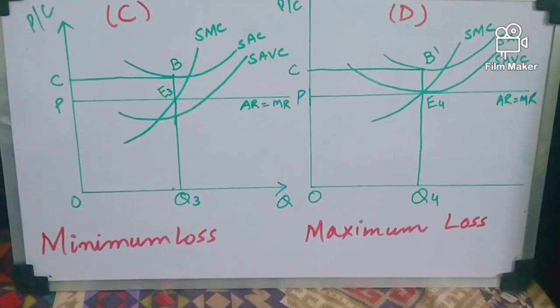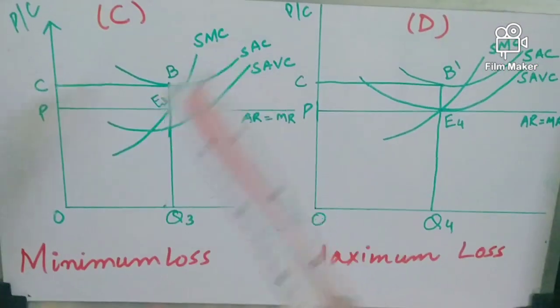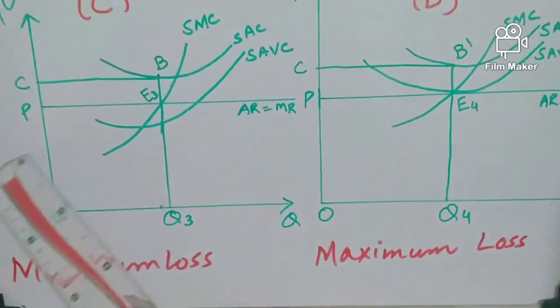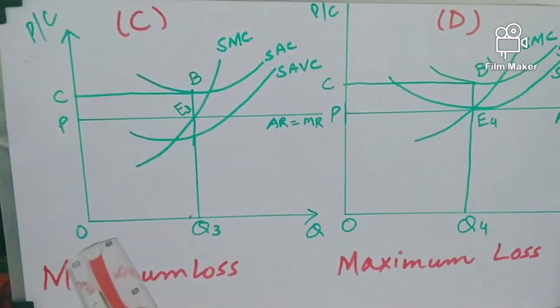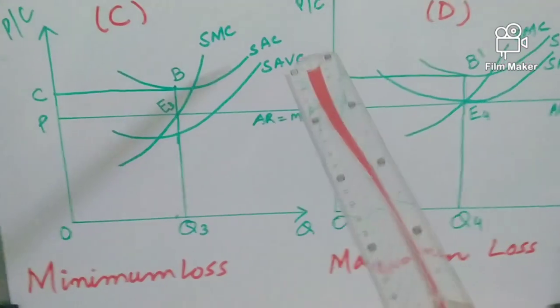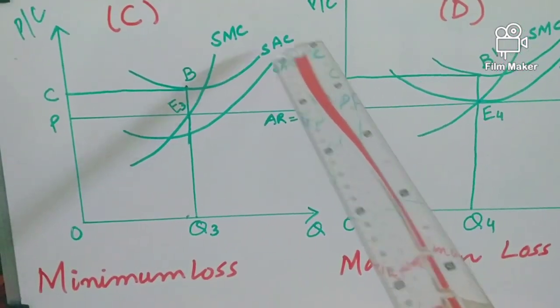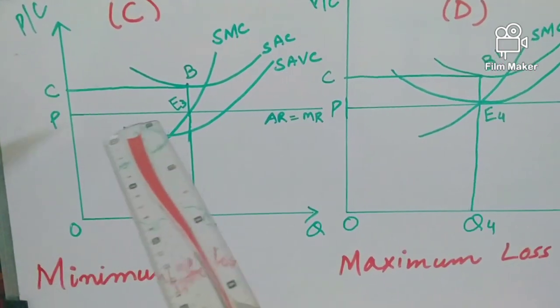Now in panel C of the figure, I have drawn the third case in which the firm will have to face loss. Again, on the y-axis I have taken price and cost, and on the x-axis I have taken quantity. SAVC is the short-run average variable cost, SAC is the short-run average cost curve, SMC is the short-run marginal cost curve, and the price line is perfectly horizontal.